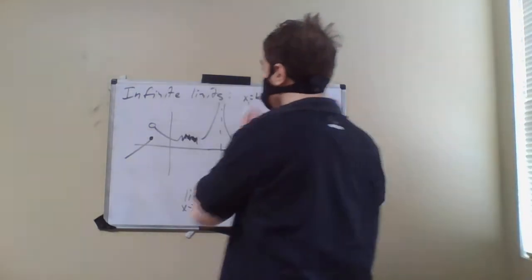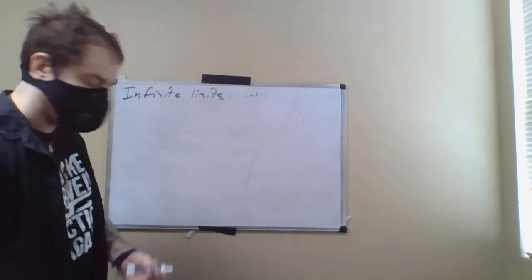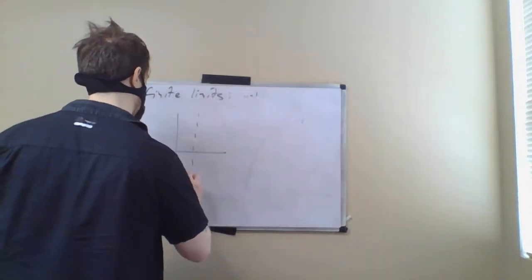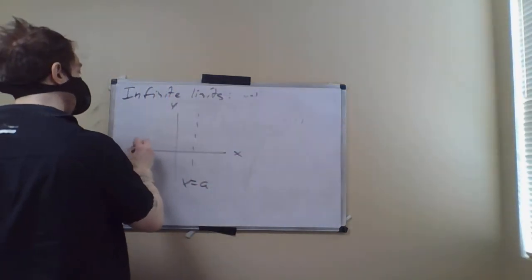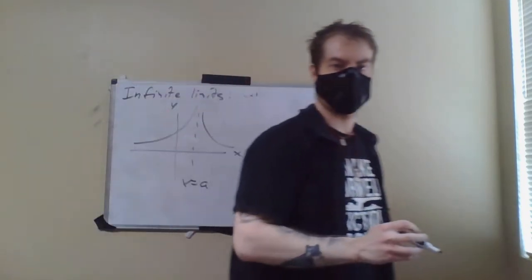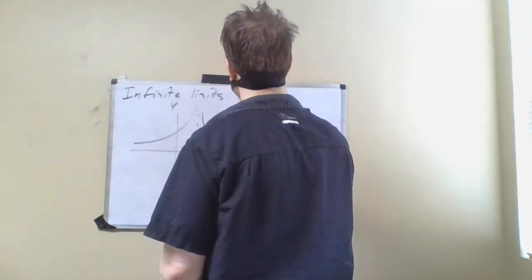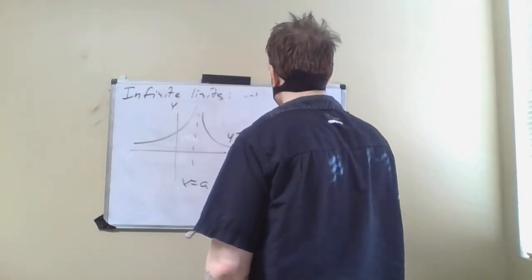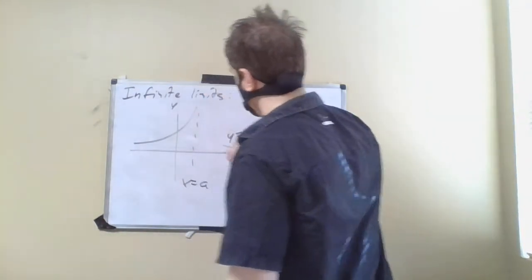And similarly, we can have one-sided infinite limits. So in a situation like this, let's say this is my x equals a line. If I have this kind of thing going on where it blows up in different directions on either side, and let's say this is my y equals g of x, the limit as x approaches a from the left of g of x, I drew the wrong thing.